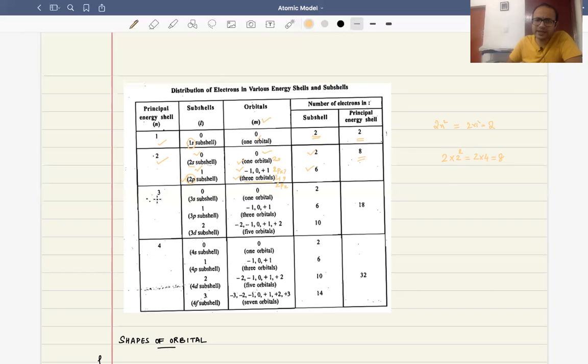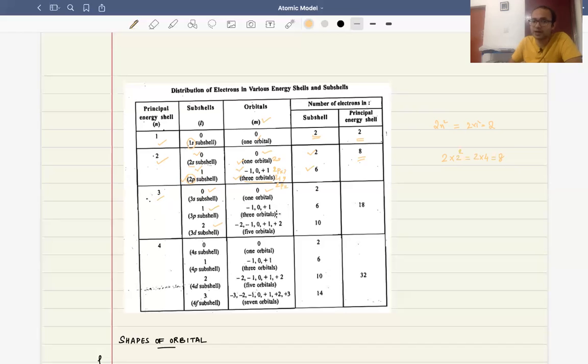Now coming to n equals 3, let us quickly go through it. When it is 3, you can have 3 possible L values, and correspondingly you can write them as 3s, 3p, and 3d. Let us calculate the number of orbitals. When it is 3s, only one orbital is possible. When it is 3p, there are 3 orbitals possible, because m can have 3 combinations, that is -1, 0, +1.